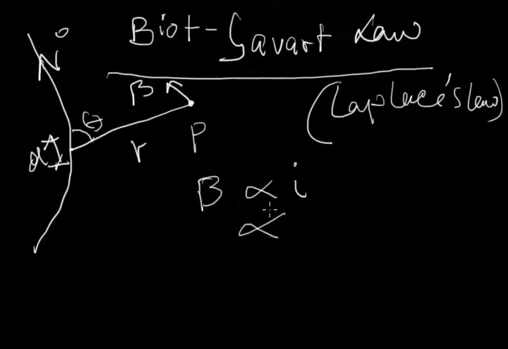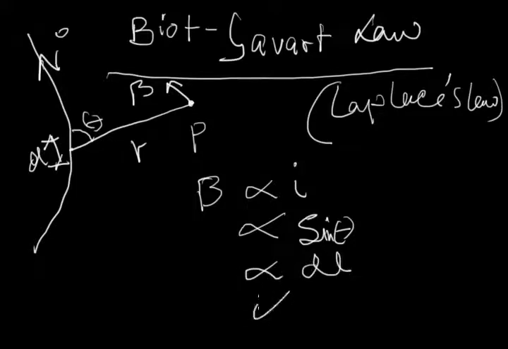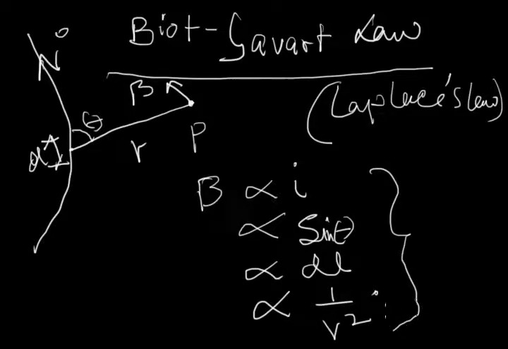B is directly proportional to sine theta, and B is also directly proportional to the elementary length segment del L, and it varies with the inverse square law. So all these four variations are part of the Biot-Savart law, which states that whenever a current carrying conductor is carrying a current, it induces a magnetic field at a distance r from the elementary length segment del L of the current carrying wire, which is given by B, varying with so many parameters.